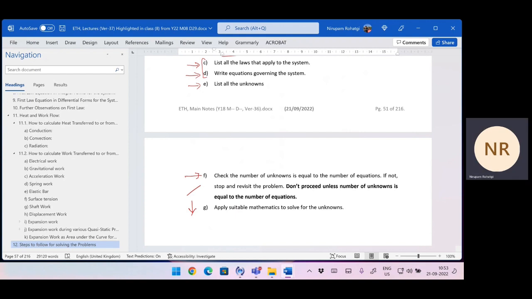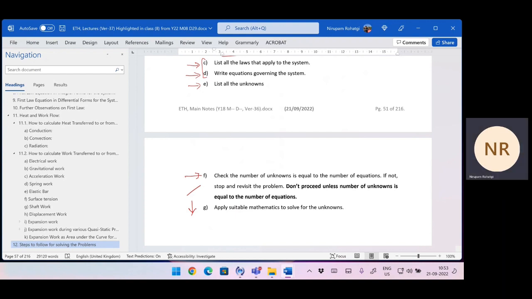And once you have written the equations, before solving them, you should know that you have sufficient data: the number of unknowns is equal to the number of equations. If for any reason the number of equations is not the same as the number of unknowns, then go back. There is no way you can proceed.